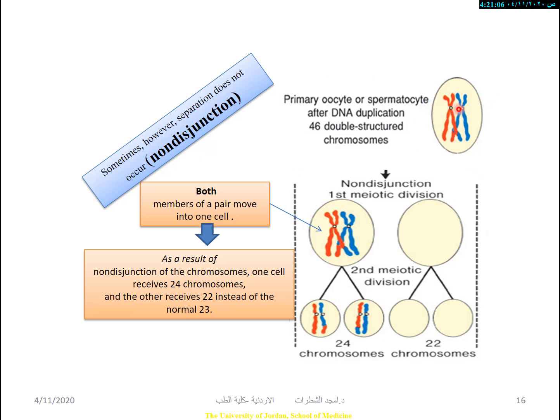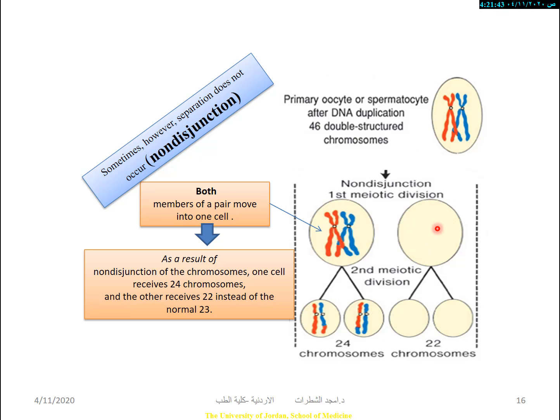Here we should have drawn 23 pairs of chromosomes, double structured, crossing each other. Chromosome number 1 has split, as have chromosomes 3, 4, 5. It could happen that some of these chromosomes would not split. So we are talking about certain chromosomes that won't split, and therefore one of the daughter cells would have an extra copy and the other cell would lack that copy, and that's why here it's empty.